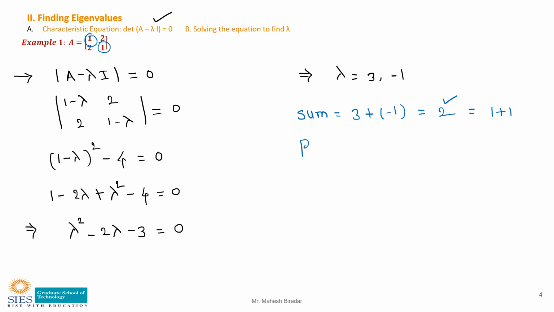There is one more important concept: the product of eigenvalues is equal to the value of the determinant. So here eigenvalues are 3 and minus 1, so its product is minus 3. And if you find the determinant of this matrix, you will get 1 minus 4, which is equal to minus 3.